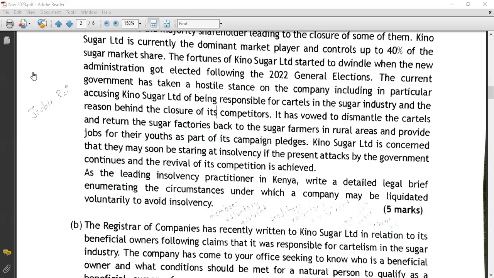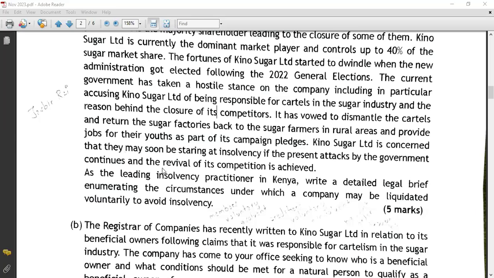The second one is creditors can also make an application for insolvency, and these are creditors referring here to lenders. Then we have suppliers. Suppliers can also apply for insolvency.